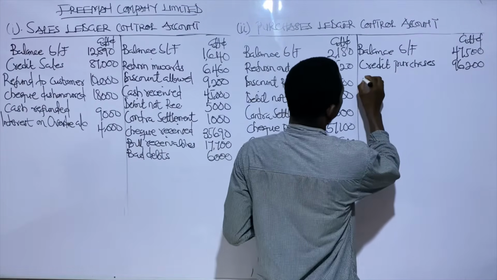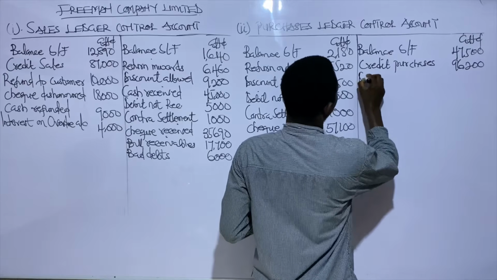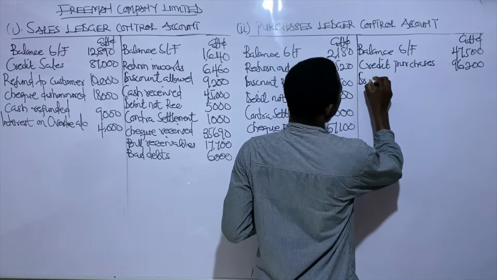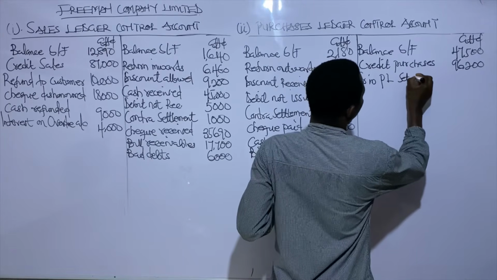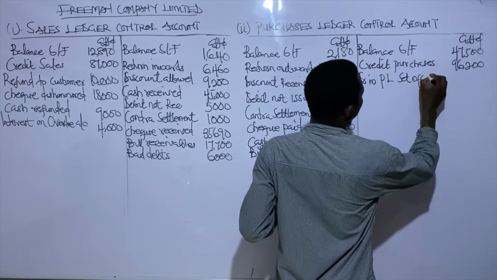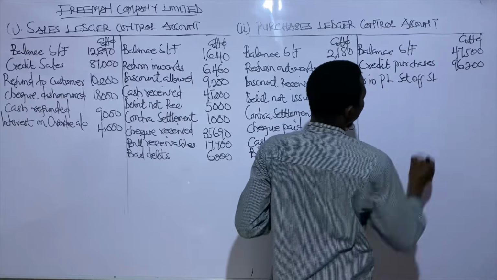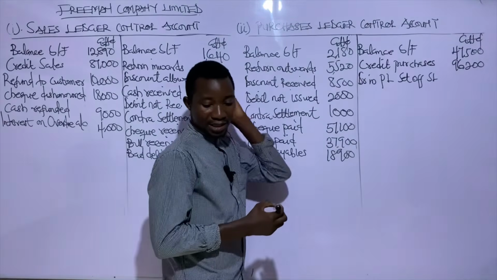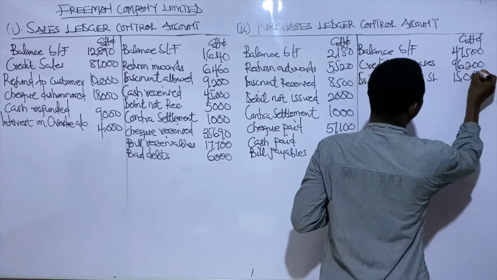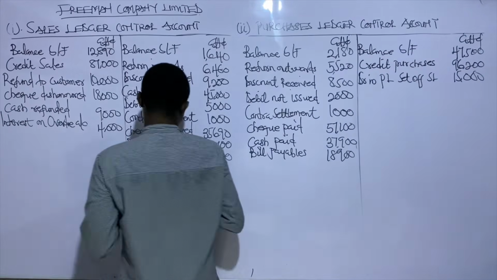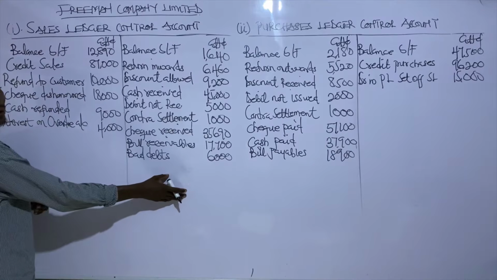So a debit balance in the purchases ledger set off against sales ledger credit, and the amount is 15,000. It is set off against a credit balance in the sales ledger.